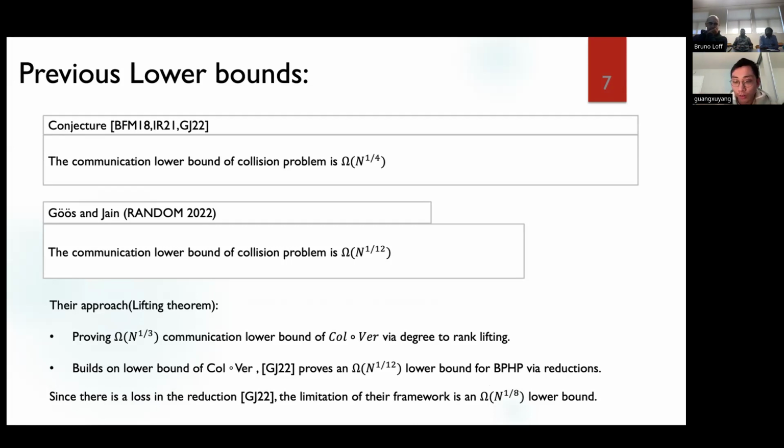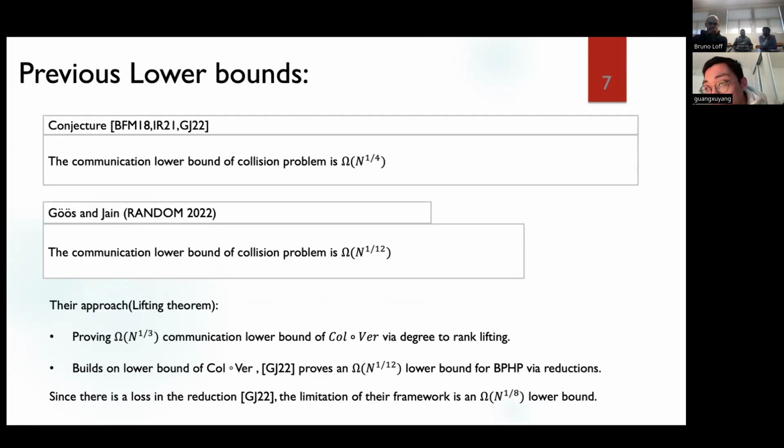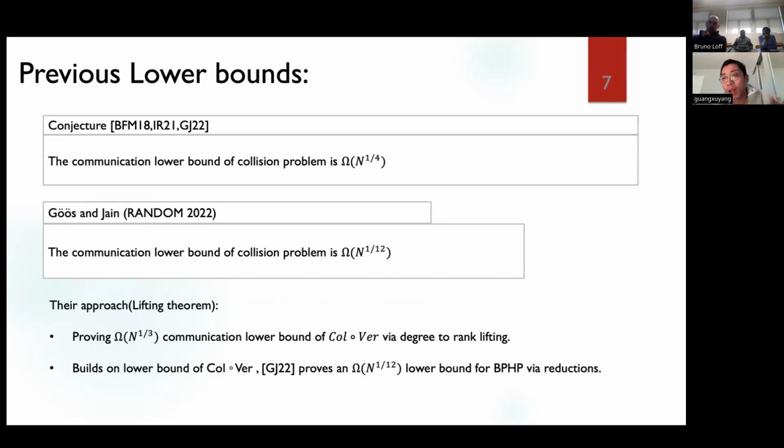The upper bound that you showed was for the uniform distribution. Yes, and the protocol can be extended to the general case, but I ignore that here.